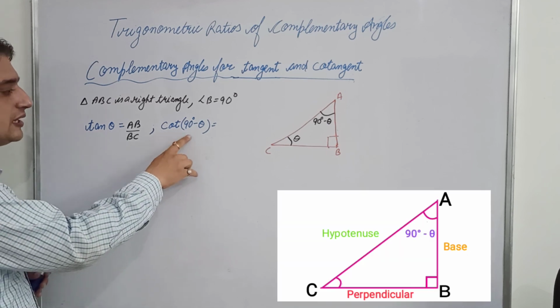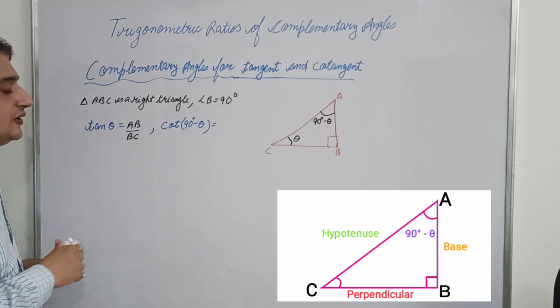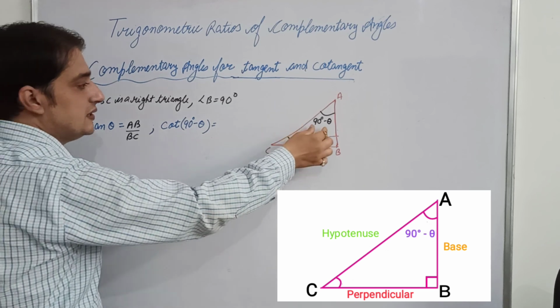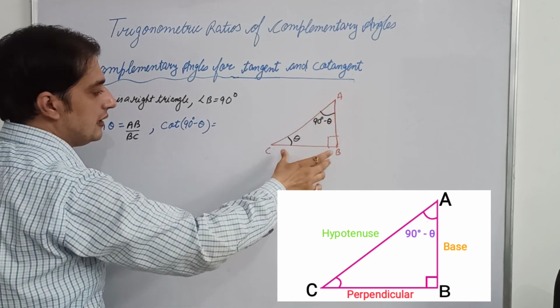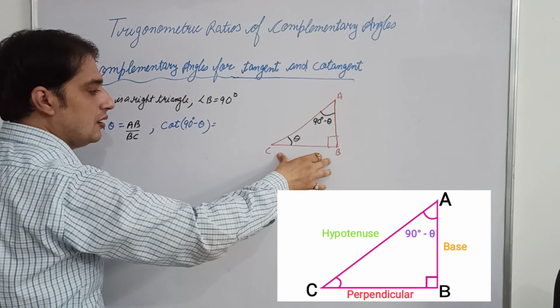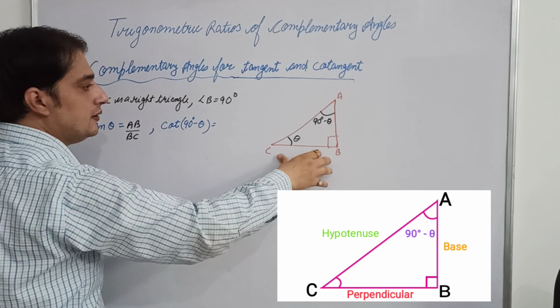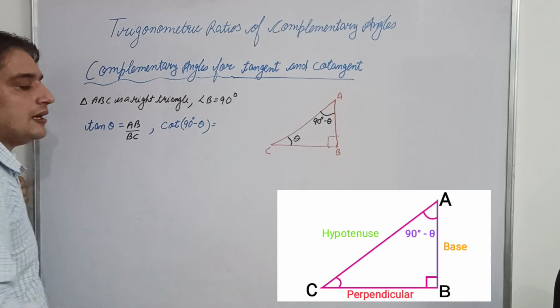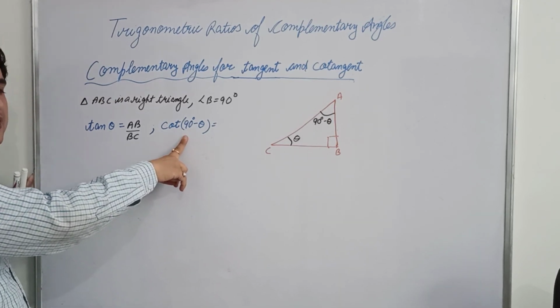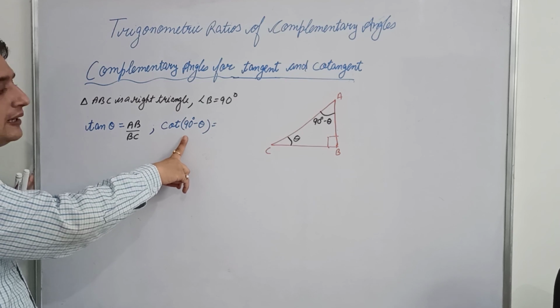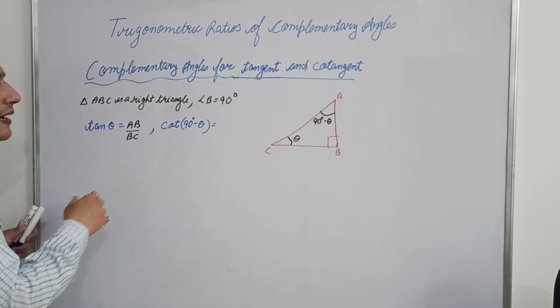So what is cotangent of 90 minus theta? This angle 90 minus theta is also angle A. For this angle A, BC is the perpendicular and AB is the base. Here the cotangent, the reciprocal of tangent, is base by perpendicular.